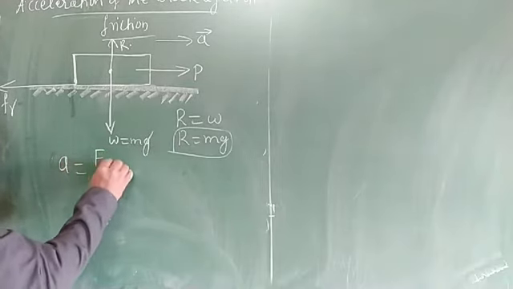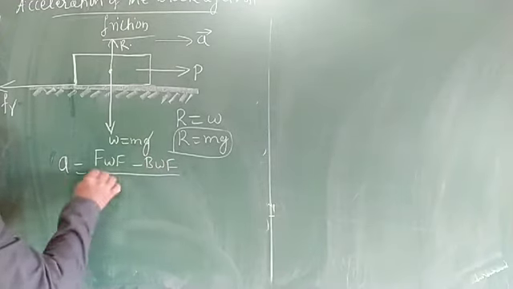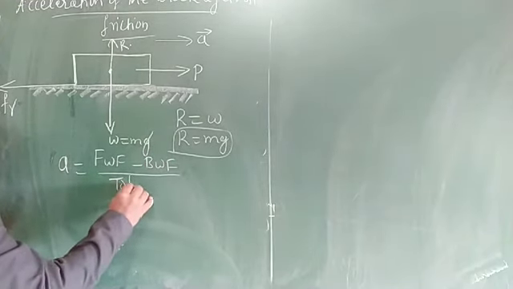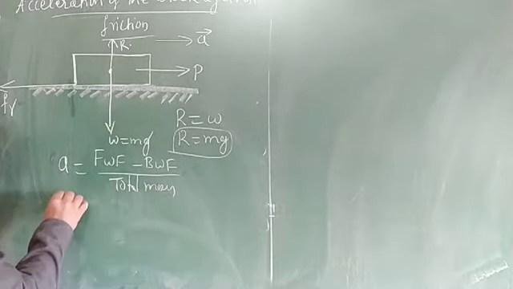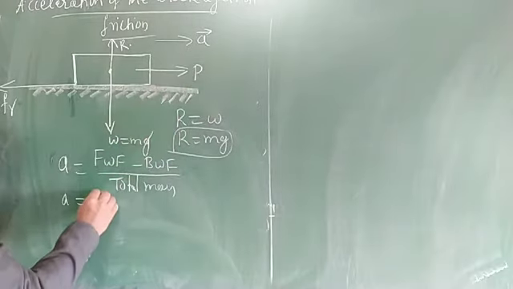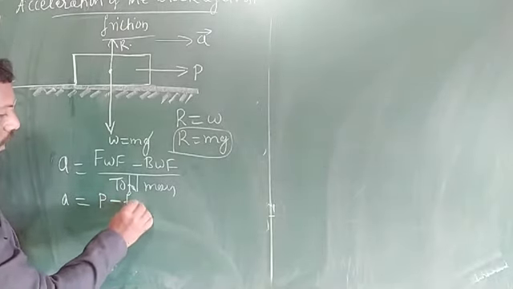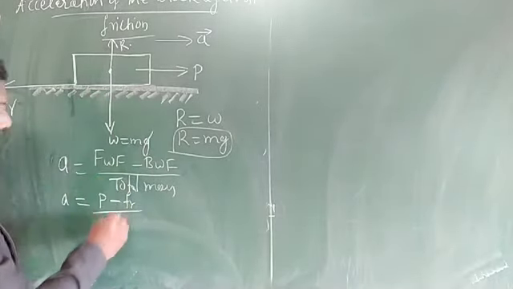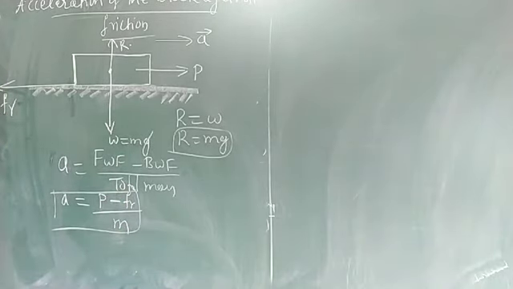Therefore, acceleration a is equal to forward force, the applied force P, minus backward force, the frictional force F_R, divided by the total mass of the system m. This is the acceleration.